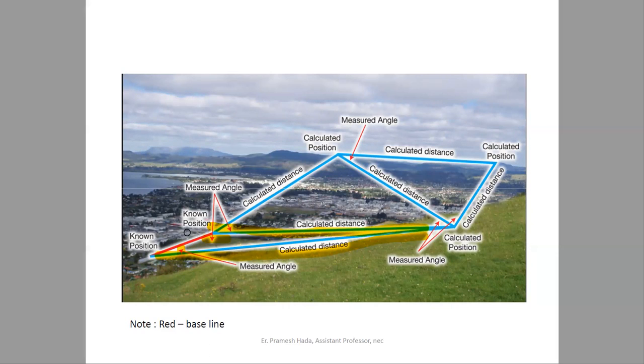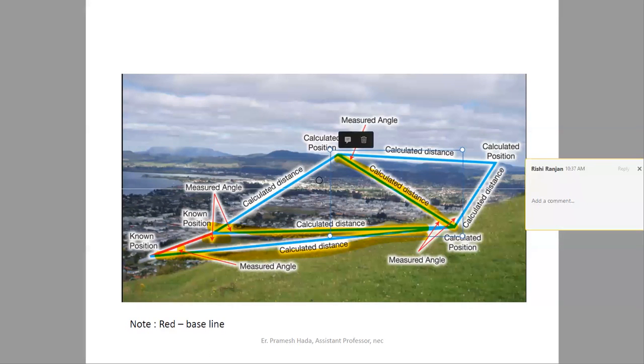Similarly we'll proceed. Once we have these distances, using our trigonometric relations we can easily calculate the coordinates of these vertices. Again, when we have this angle and this side, we can calculate these sides also. Once we know these values, we'll be able to calculate the coordinates of these points.